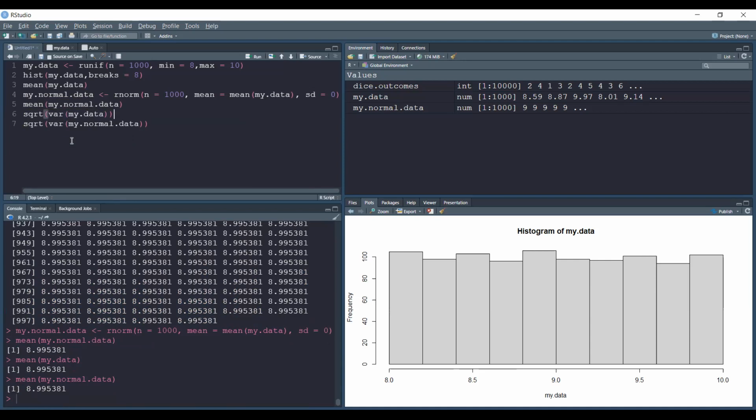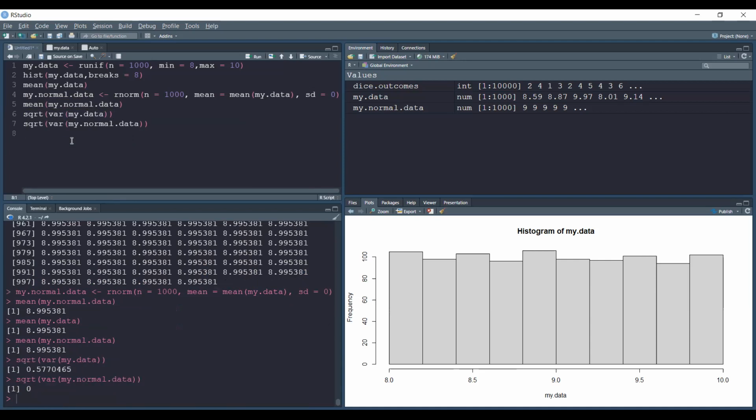So look at the difference. We have 0 standard deviation, which basically means it's not a random variable. If it's 0, there is no randomness, so to speak. Whereas in my data, there is variance, there is standard deviation, there is variability.